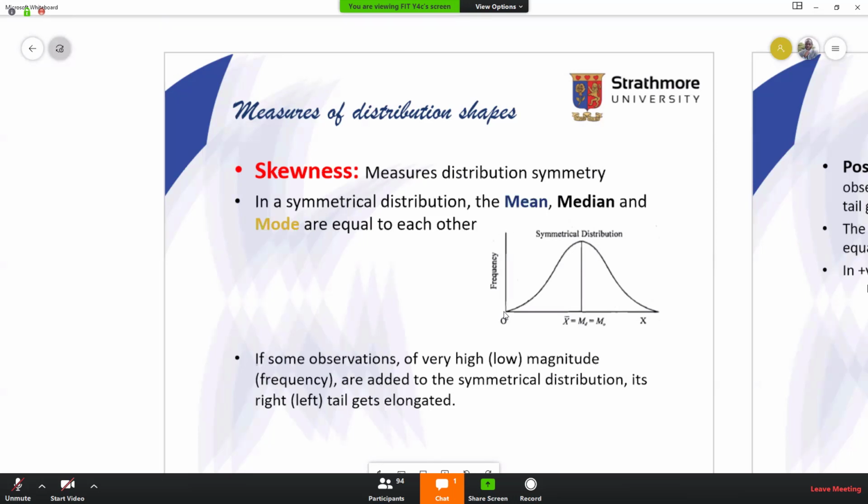There's usually a frequency here, and then the x values are down here. The x values are the ages that we have. Then let's say most of the students have the age 22.